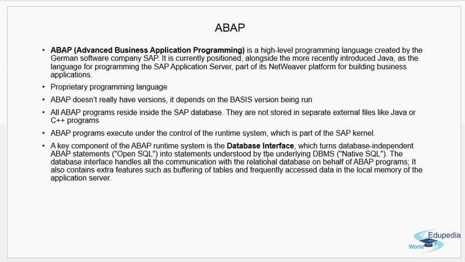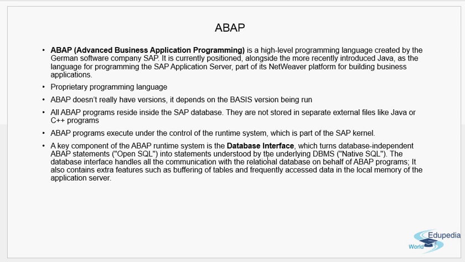This database interface in the ABAP runtime environment also contains some extra features like buffering of tables and frequently accessed data in the local memory of the application server. Each application server also has its own buffers.